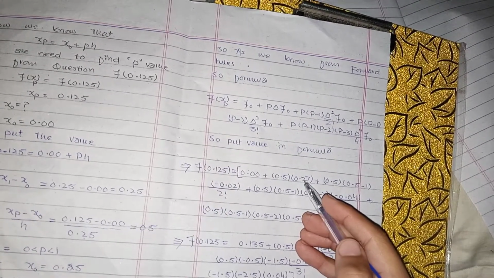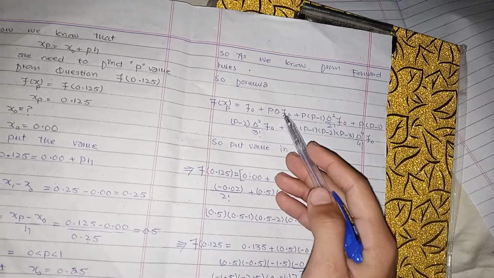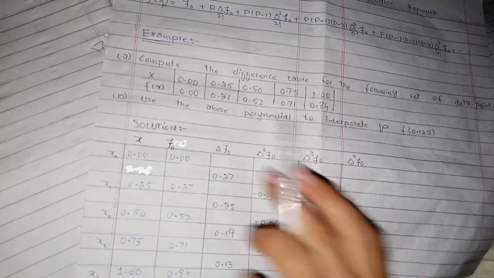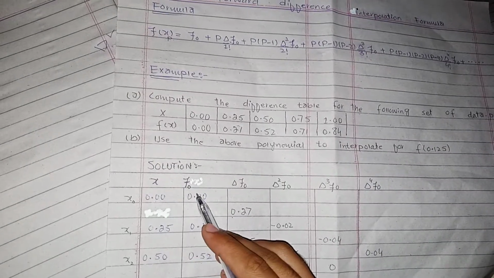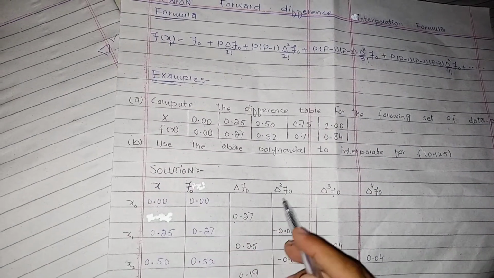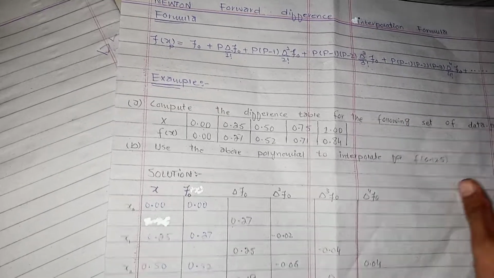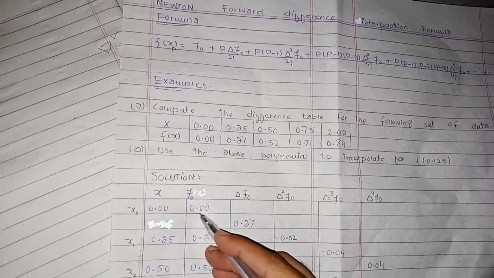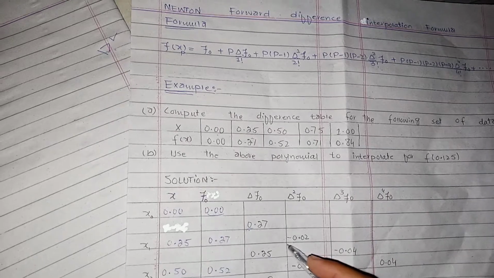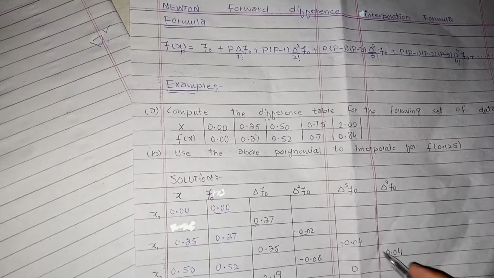From here we got the values of f naught, del f naught, and del square f naught, and we will write all the values from here.